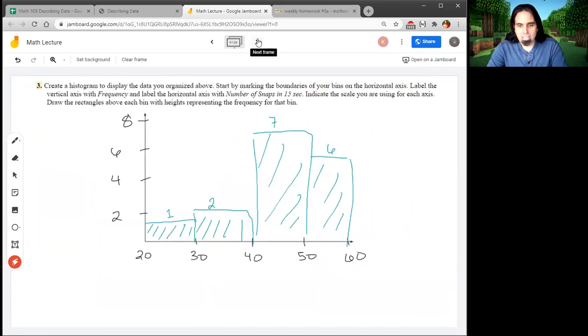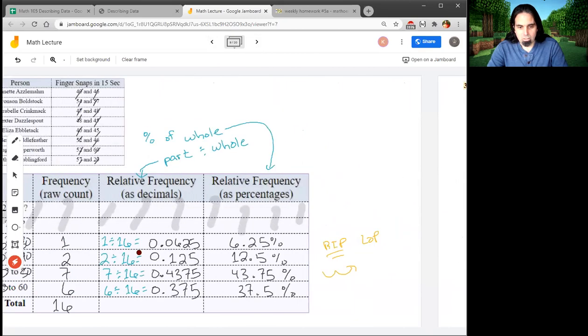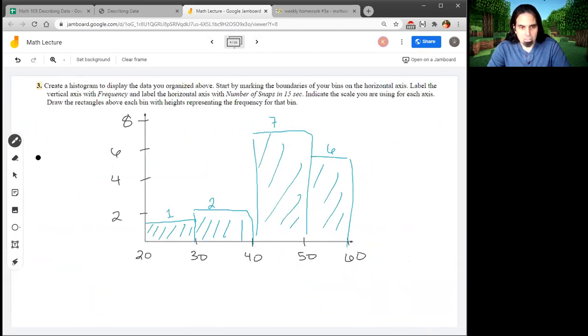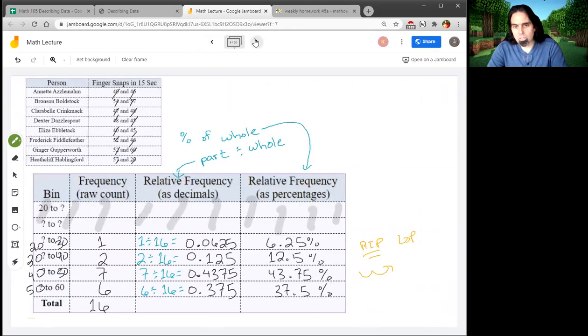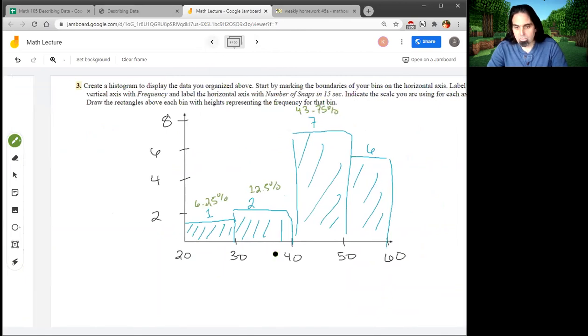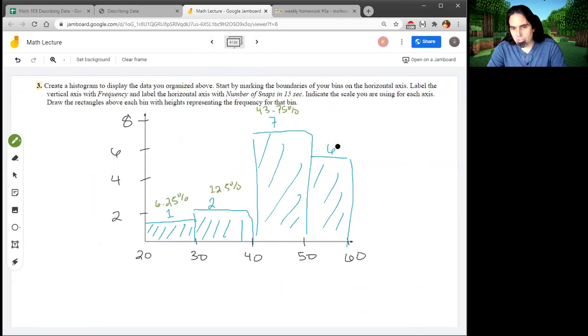It's also asking if I just relabel these, maybe I don't care it's 1, maybe I just care that this is 6.25%, and this is 12.5%, and this one was 43.75%, and this one is 37.5%.